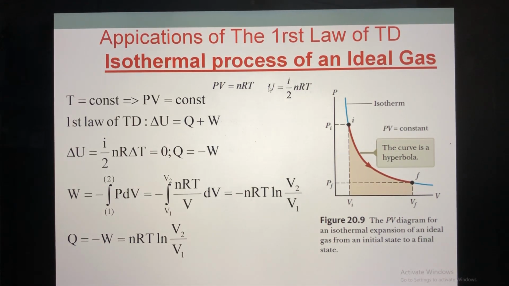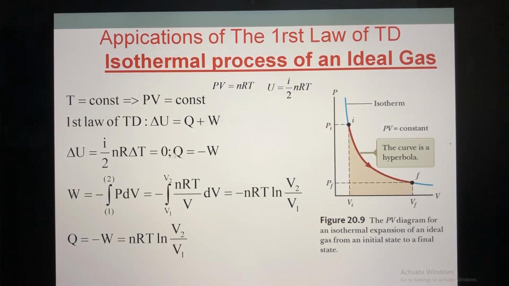If you want to calculate the change of internal energy, you have to calculate the change of temperature. But in this case, temperature is a constant. Therefore, the change of temperature is 0. That means the change of internal energy is 0. So here, in the first law, I write 0 here. If I write 0 here, that means the heat equals minus the work.